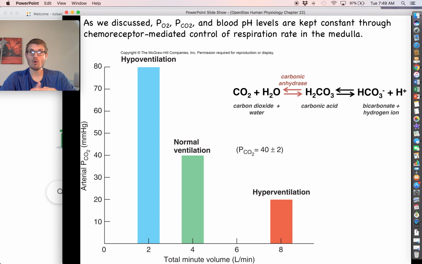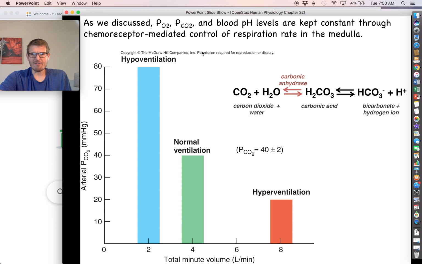It is a very good measure of the oxygenation level of the blood, but it only refers to how much oxygen is purely dissolved in the blood plasma itself. The PCO2 is similar: how much carbon dioxide is dissolved in the blood plasma. And then there is the pH of the blood, which, if you recall from chapter 18, has a set point of about 7.4, so just a little bit basic.